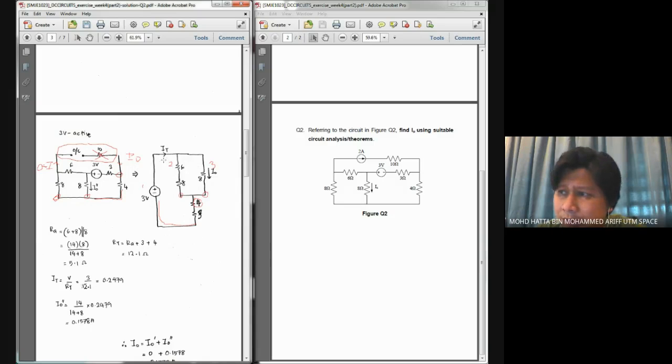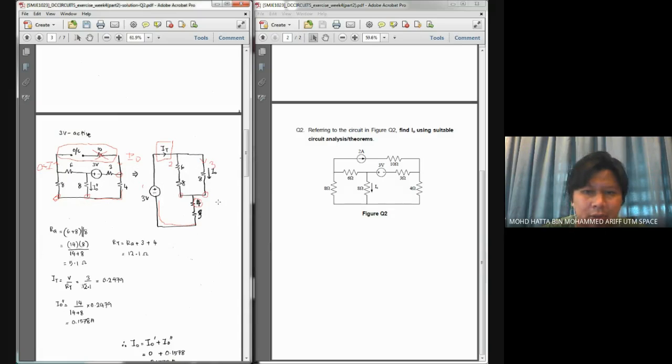So this is the sort of circuit simplification that you should have in mind. And looking at the circuit itself, I don't have much problem calculating IO, because in my strategy, if I have this I total, I can divide the current at these two branches to get my IO.